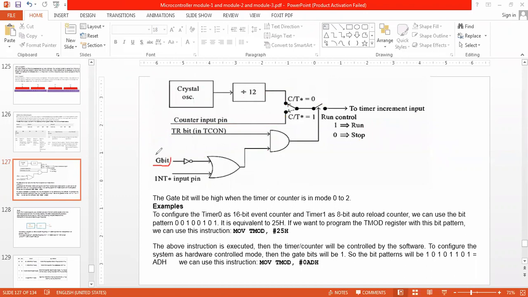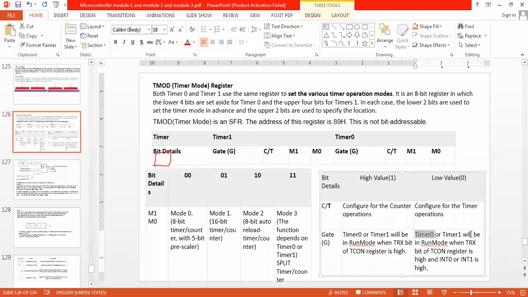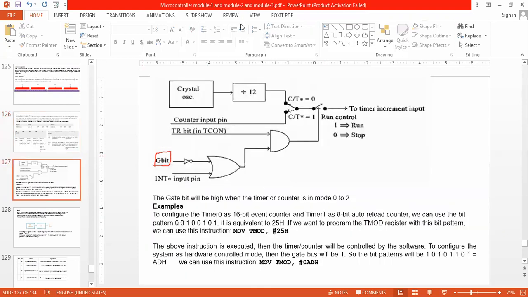This gate bit is simply enabling. Whenever the gate bit is 0, the output is depending upon TRX and INT0 or INT1. See, whenever the gate bit is 0, the run output depends upon the TR bit and the INT bit.